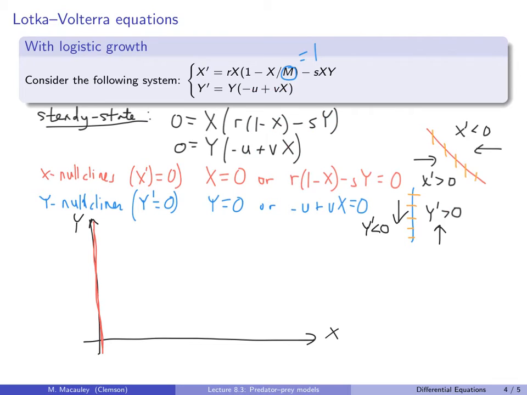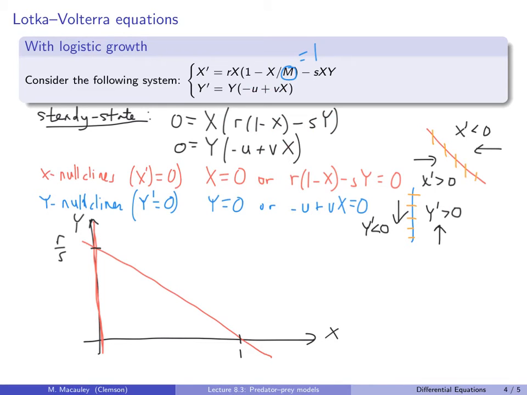And the other one is this thing here, which is, it's just basic algebra to check, a line where the y-intercept is r over s, and the x-intercept is going to be 1. Obviously if y is 0, then x has to be 1 for this to be 0.